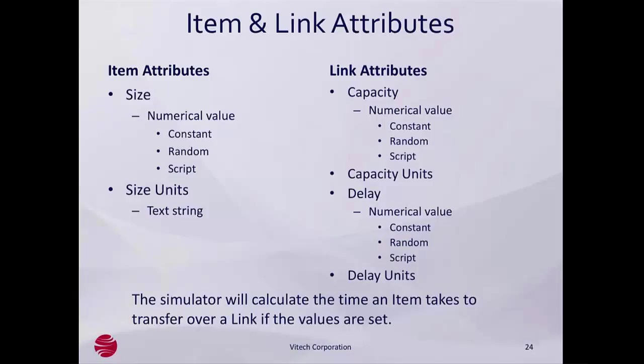If there is a delay before the link starts the transfer of the data, that can be recorded in the delay attribute. For capacity and delay attributes, the capacity units and delay unit attributes, respectively, allow you to record the units associated with the values. The simulator will use these attributes to determine the time it takes an item to transfer over the link.